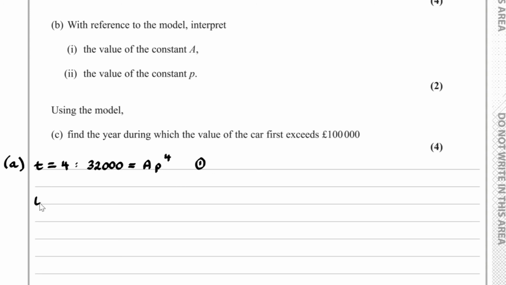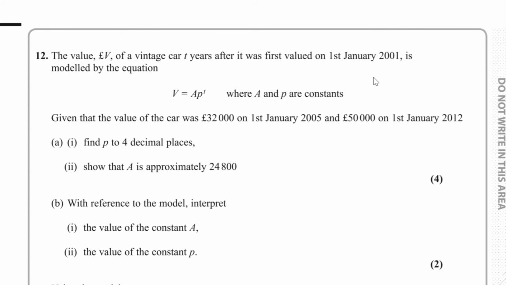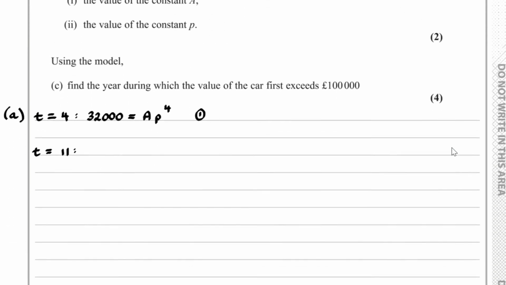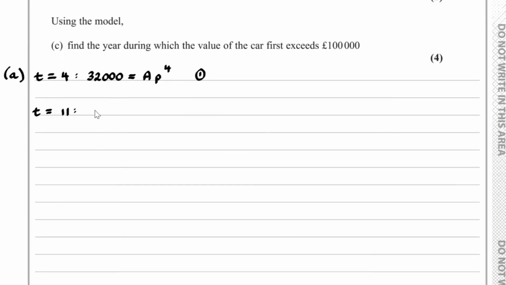When t is equal to 11, the value is 50,000. Now t equals 11, that comes from the 1st of January 2001 to the 1st of January 2012, that's 11 years. And so when t equals 11, we have 50,000 equals ap to the power of 11. We'll call this equation 2.